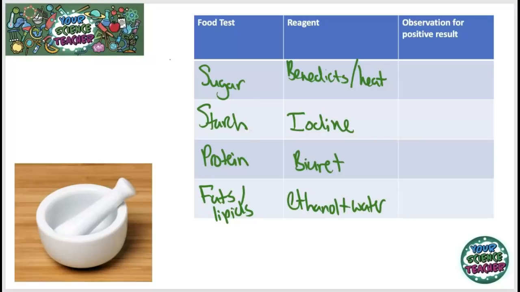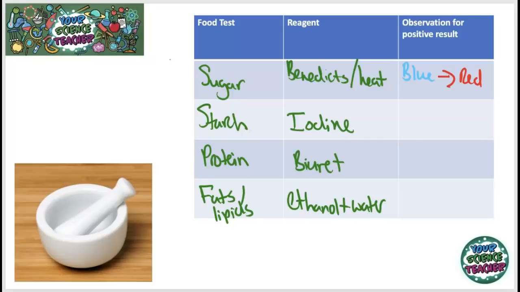Now, if we do the sugar test and we add our Benedict's and we heat, what we observe is blue going to red. This is for a positive test, meaning that it contains a lot of sugar. Sometimes you can observe it going yellow if it doesn't contain lots and lots of sugar.